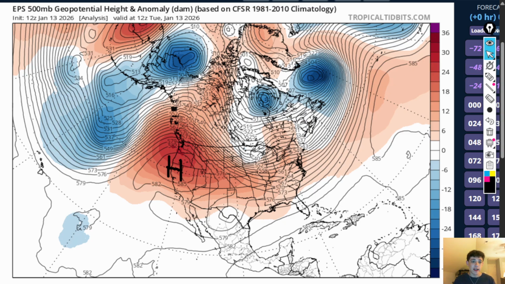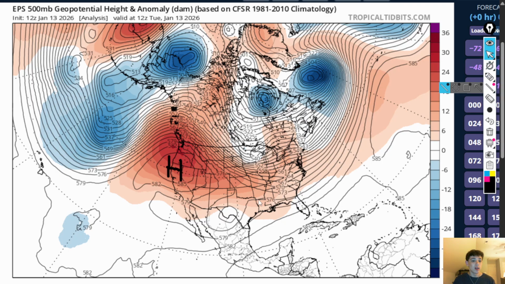So what you're looking at here is the 500 millibar height anomaly, and that is 6 kilometers or 3 or 4 miles up in the sky, straight above your head. And what this is showing you is whether we have above or below average pressures. So this is a good graphic to look at when trying to determine the weather pattern near the surface.